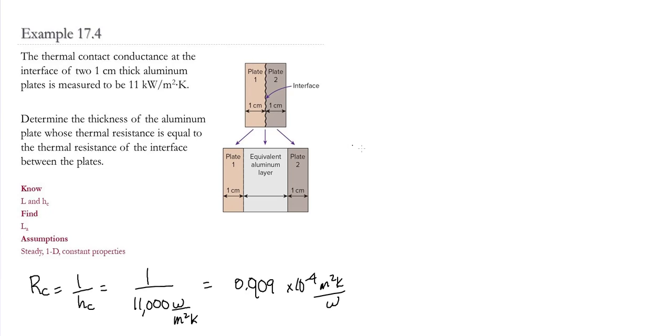And what we're going to do is replace that contact resistance by a conduction resistance, and replace it by aluminum. So we're simply going to write the conduction resistance as L over K. And that value has to be equal to the contact resistance that we have at the interface.